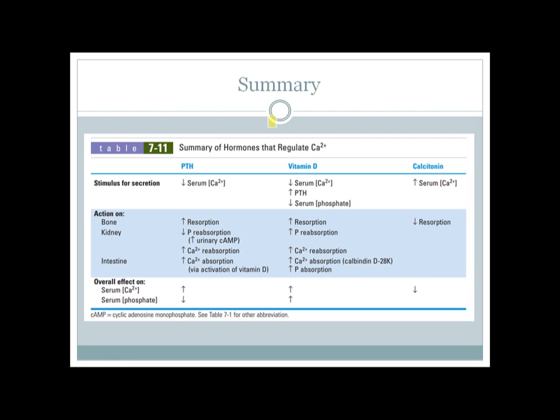In summary, which is very important to remember, the major players of calcium homeostasis in your body are parathyroid hormone, vitamin D, and calcitonin. The major sites of action are bone, kidney, and intestine.